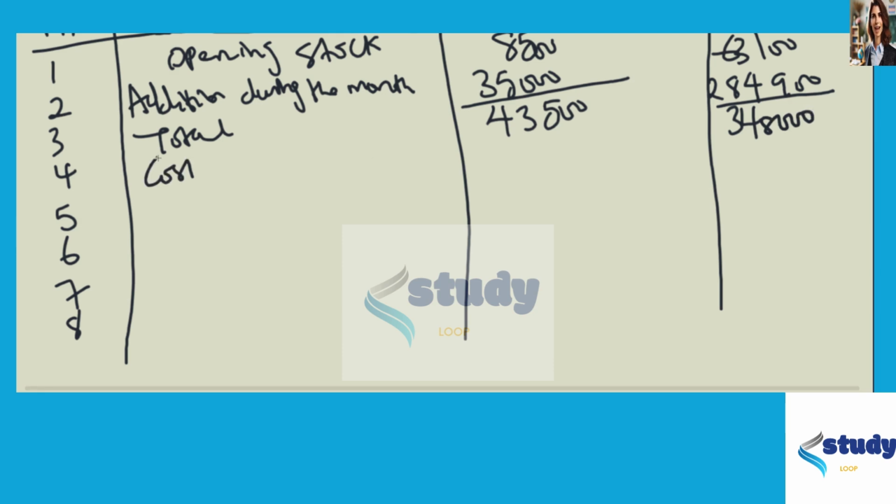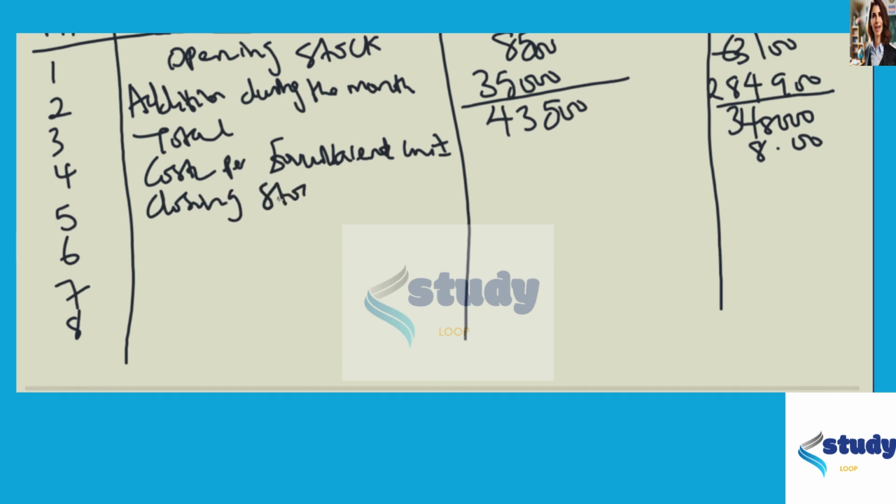Now the cost per equivalent unit is $8. So the closing stock at 8 per equivalent unit would be 10,500 for the equivalent unit and 84,000 for this.